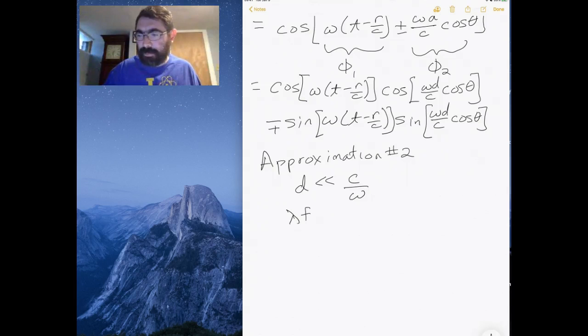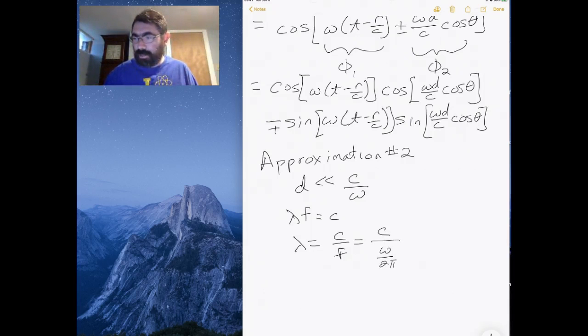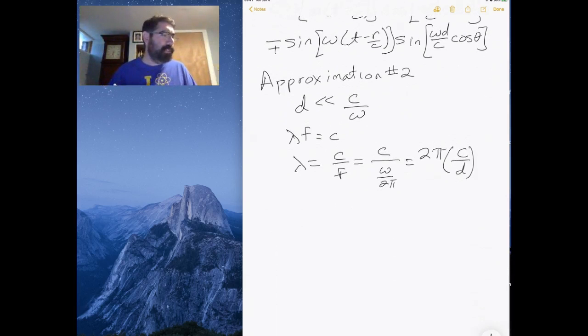Well, if the wavelength lambda times the frequency is equal to c, then lambda is c over f, which is c over omega over 2 pi, which is 2 pi c over omega. So what we're saying here is that d is much, much smaller than the wavelength of the radiation that we're going to produce.